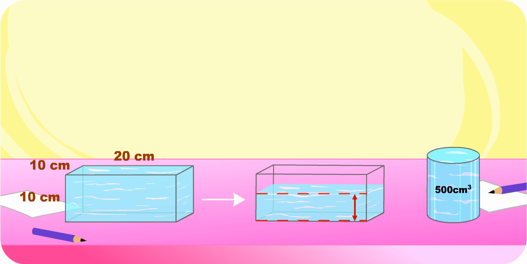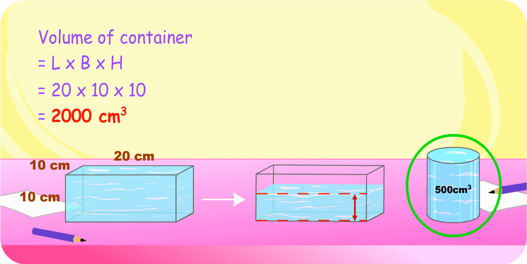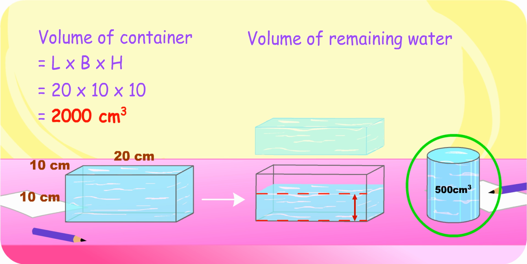We know that volume of container is equal to length times breadth times height, which is equal to 20 times 10 times 10, which is equal to 2,000 cubic centimeters. Since 500 cubic centimeters of water is being poured out, the volume of the remaining water is 2,000 minus 500, which is equal to 1,500 cubic centimeters.